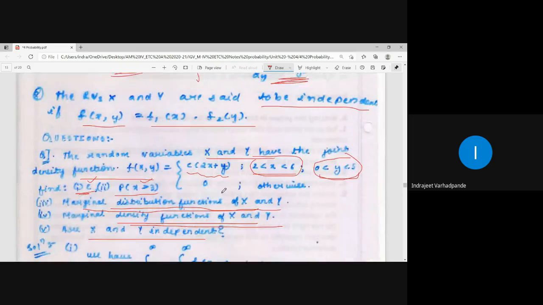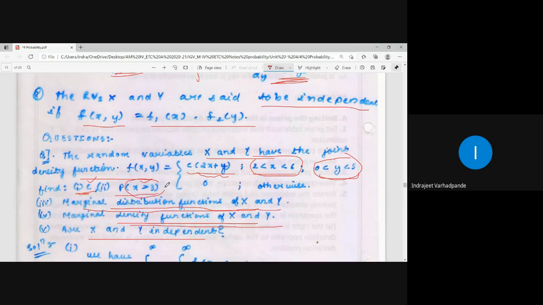Then integrate with respect to x, put the upper limit, lower limit, you get the value of constant c as c is equal to 1 upon 210. So our value of c is less than 1. 1 upon 210 is obviously less than 1. Our function now becomes 1 upon 210 into 2x plus y.